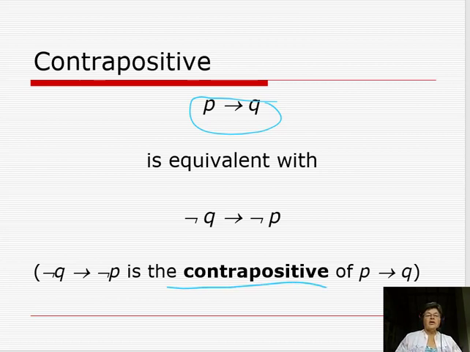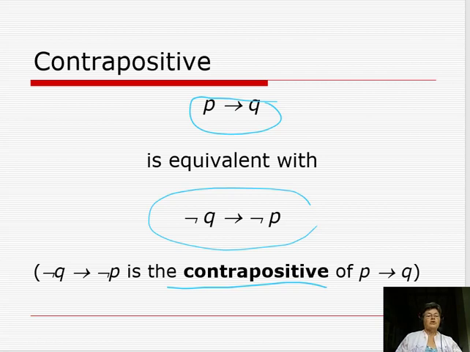And in fact, the contrapositive is equivalent with the proposition itself, and it's defined with not Q implies not P. So P implies Q is equivalent with not Q implies not P. And with an expensive word, this is called the contrapositive. As an exercise for yourself, just make a truth table to show that indeed what I'm saying is true.